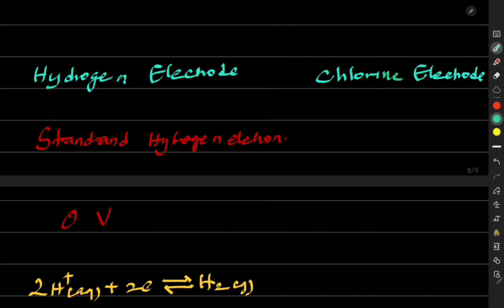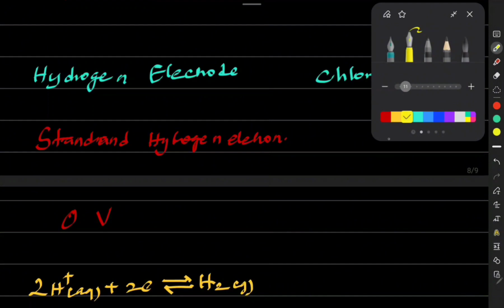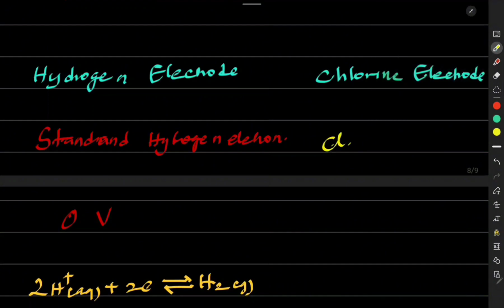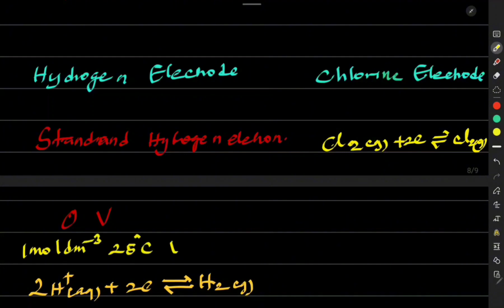The reaction is Cl2 gas plus 2 electrons forming 2Cl minus. The conditions should be the same: 1 mol dm minus 3, 25 degrees Celsius, 1 atm. Here also it should be 1 mol dm minus 3.